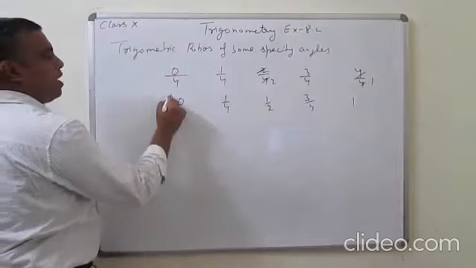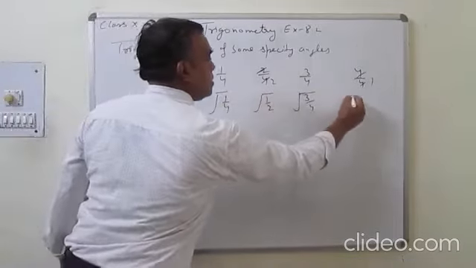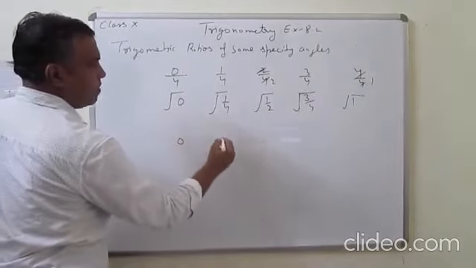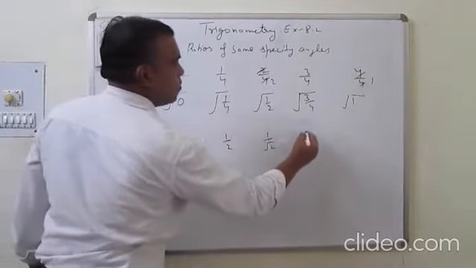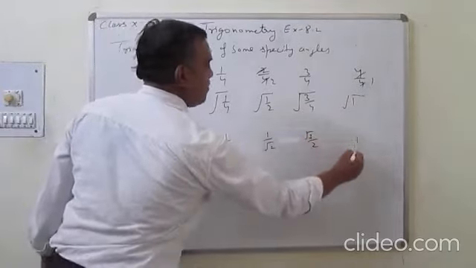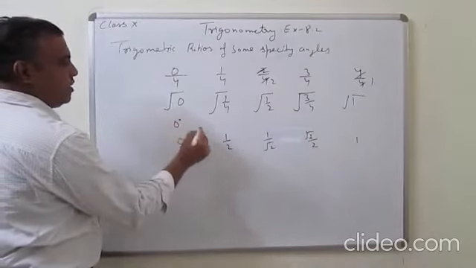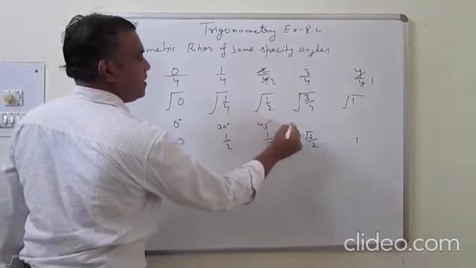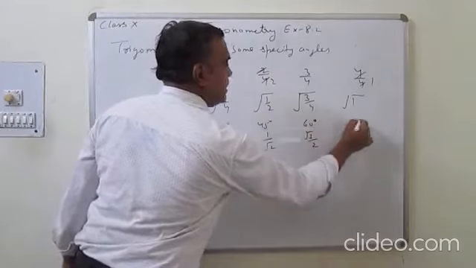Now taking square root on all the numbers, the value comes out to be 0, 1 by 2, 1 by root 2, root 3 by 2 and 1. So the specific angles here are 0 degree, 30 degree, 45 degree, 60 degree and 90 degree.